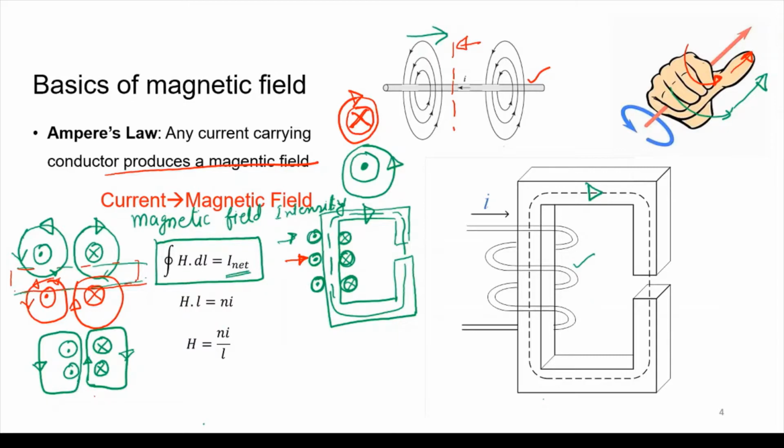This equation shows that the integral of magnetic field intensity over a closed loop is equal to the net current enclosed by the loop.